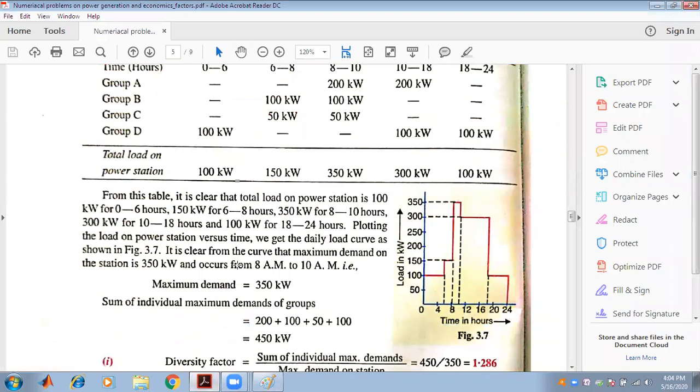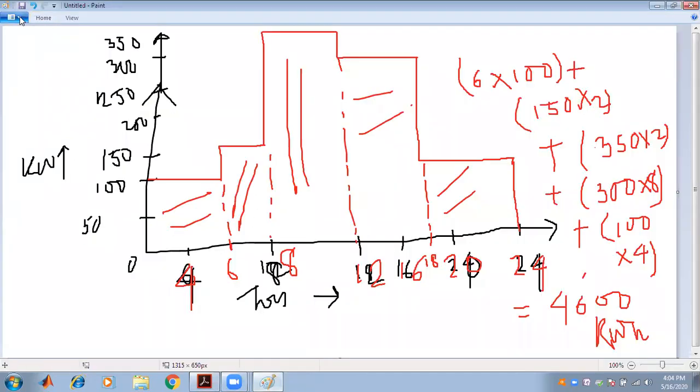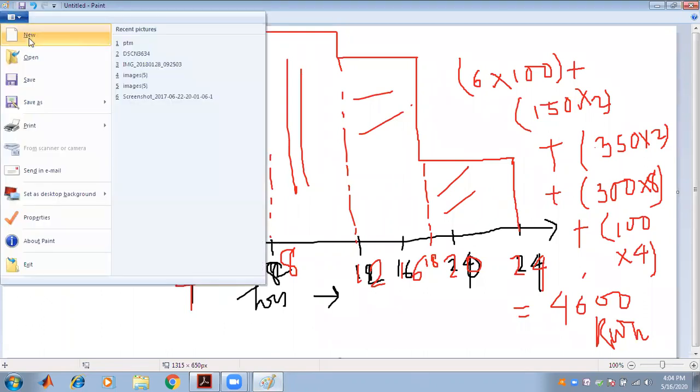The second portion is done, units generated per day. The third portion is the load factor. So load factor is the average load by the maximum demand. So what is our average load?